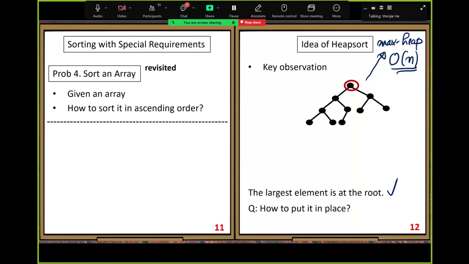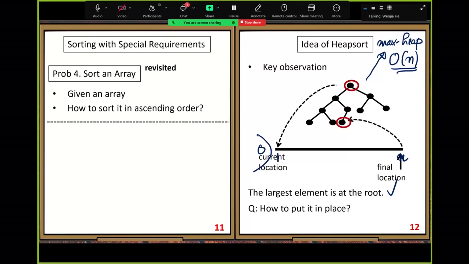We swap the root with the last element in the array, because this max heap corresponds to an array. So here I also draw a line for this array. The root is at the first position, first position other than 0. We exclude index 0, so the first position is 1, and n is at the end. Now we use one swap operation to put it in place.